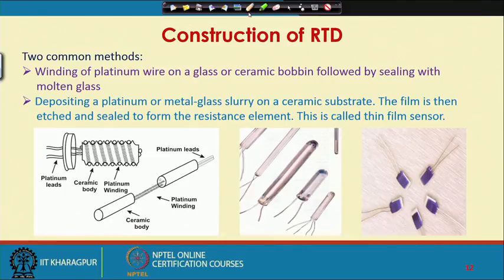So, you can have winding of say platinum wire on a glass or ceramic bobbin followed by sealing with molten glass. So, this is the ceramic body and platinum winding is shown. So, this is put within a protective tube, and what you see is that two extension leads are coming out.